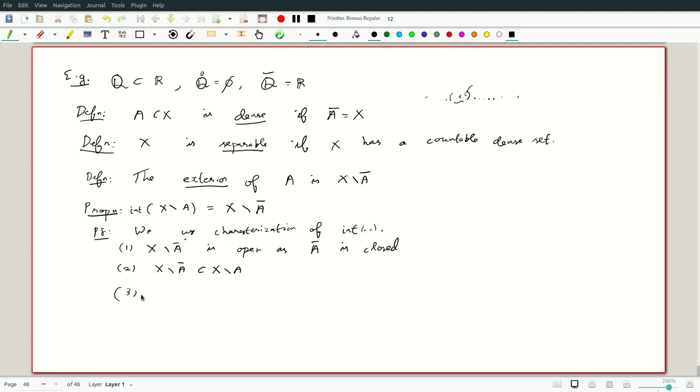And the third condition is maximality. Suppose V is contained in X minus A and V is open. What we have to show is that V is contained in X minus A bar.